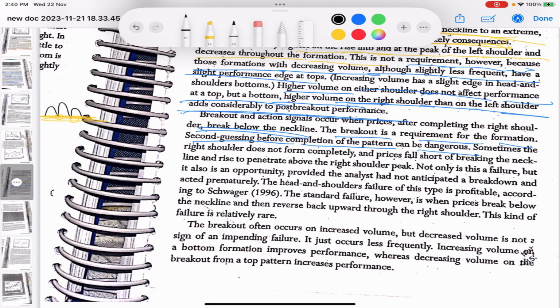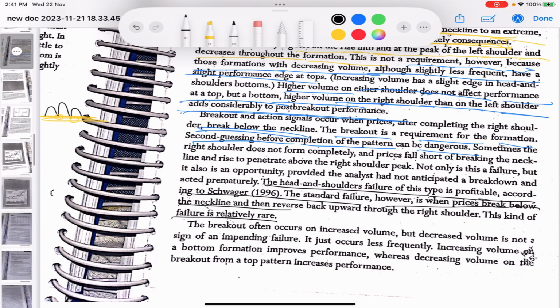Okay. Now, when we talk about the failures of the head and shoulders, what can they be? First of all, you can see that the head and shoulders is when the price breaks below the neckline, but as soon as it breaks below the neckline, it goes back into the head and shoulders. So that kind of failure might happen. And again, why does that happen? We already know that if we don't confirm with additional factors, it can occur.